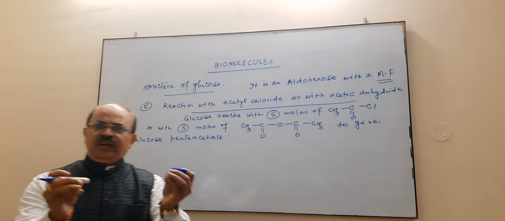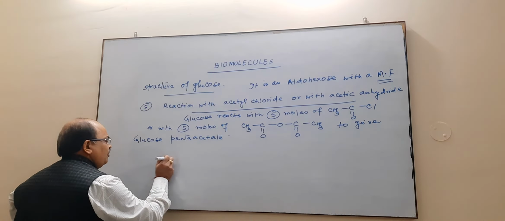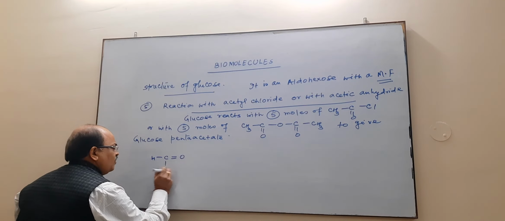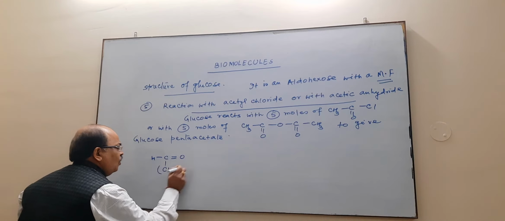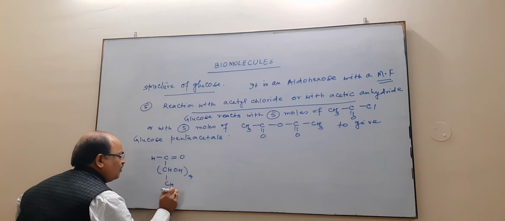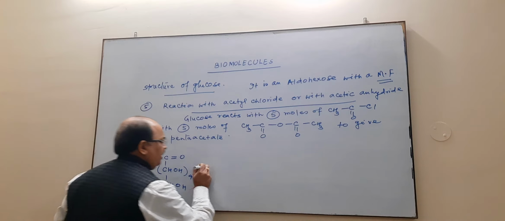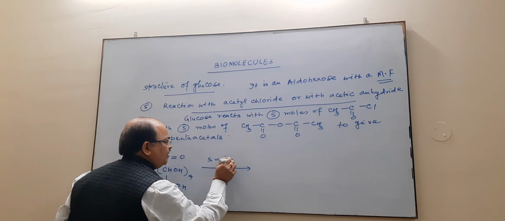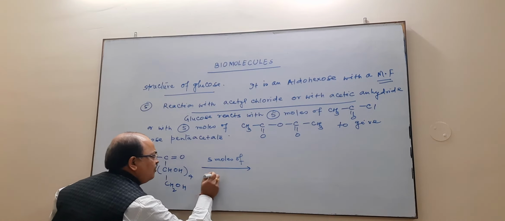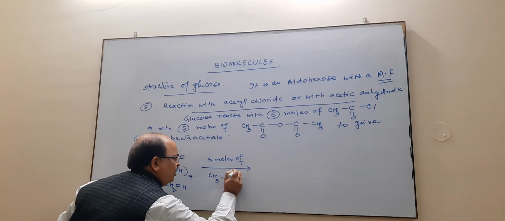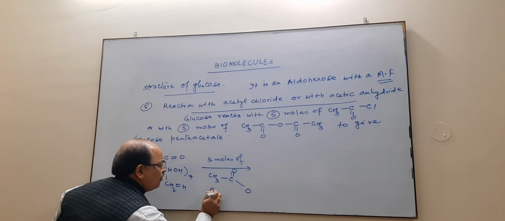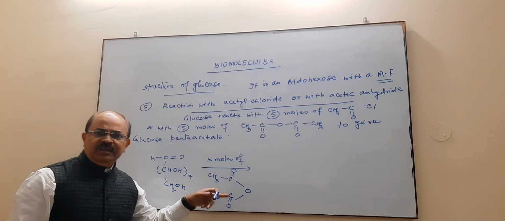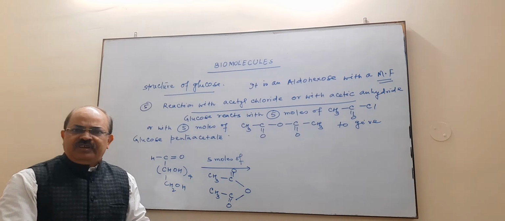Now let us see the reaction. This is your glucose, CHO, this is CHOH whole 4 and CH2OH. It will use 5 moles of acetic anhydride. So this is your acetic anhydride, CH3CO, CH3CO, ये देखिए. आप इसके बदले एसिटाइल क्लोराइड भी लिख सकते थे.